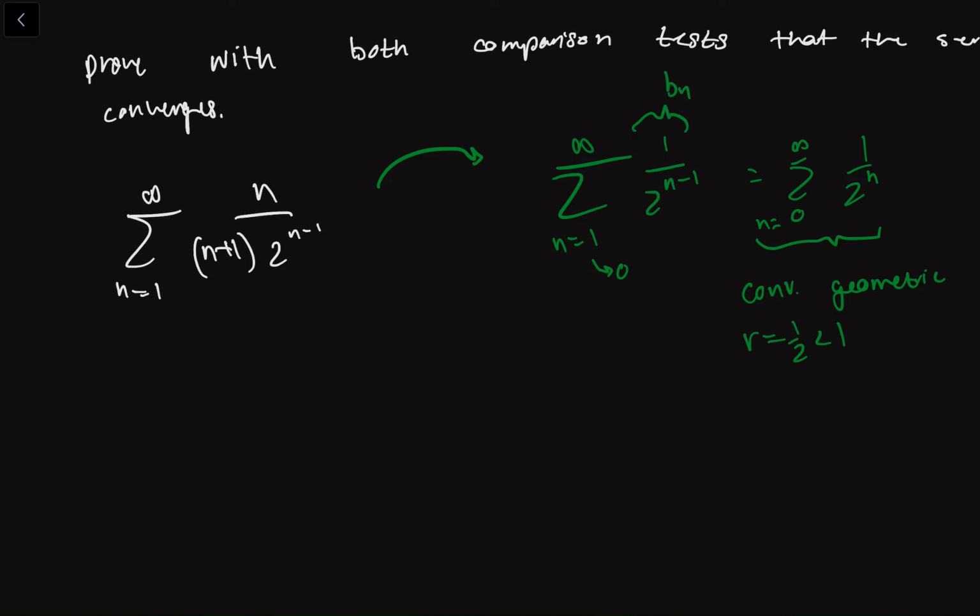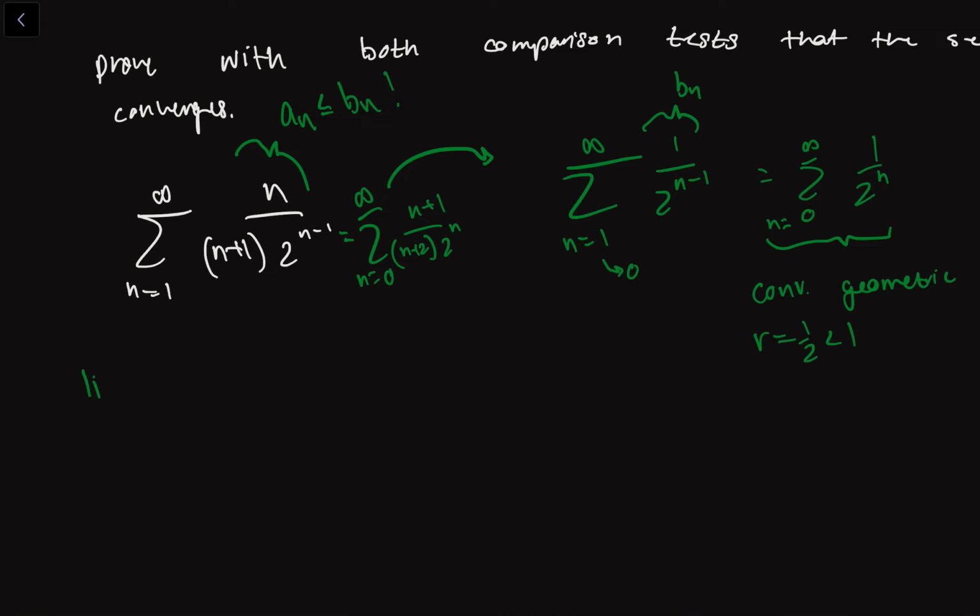So remember, in order for it to be a meaningful comparison with the direct comparison test, and b sub n converges, we want a sub n to be less than or equal to b sub n. That's the requirement. So we'll look at it. Well, first of all, let's put them on the same playing field and rewrite this as the sum from n equals 0 to infinity of (n plus 1)/(n plus 2) times 1 over 2 to the n, right?